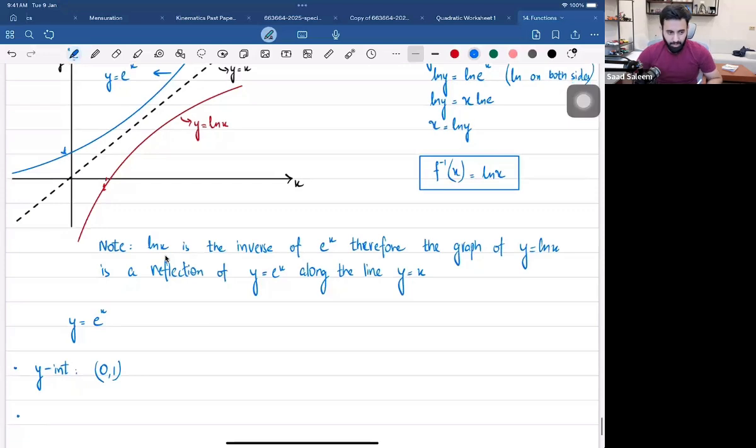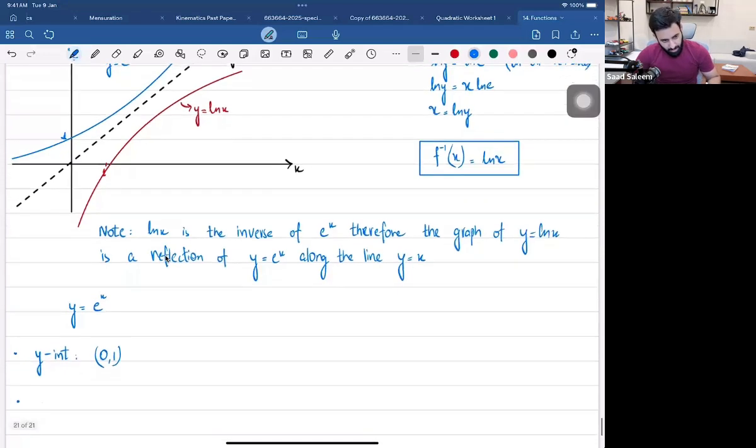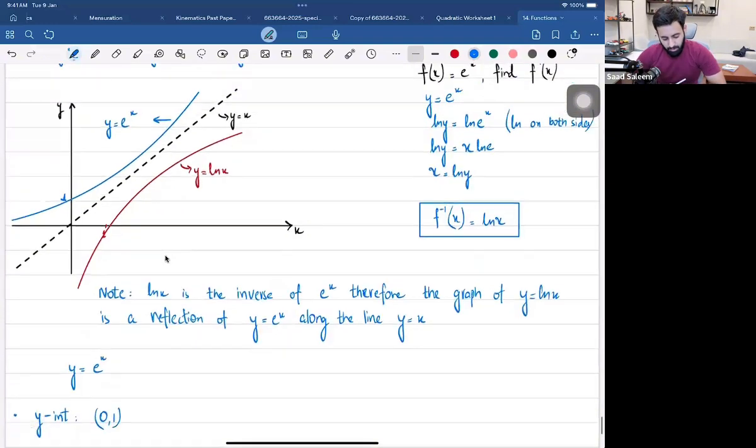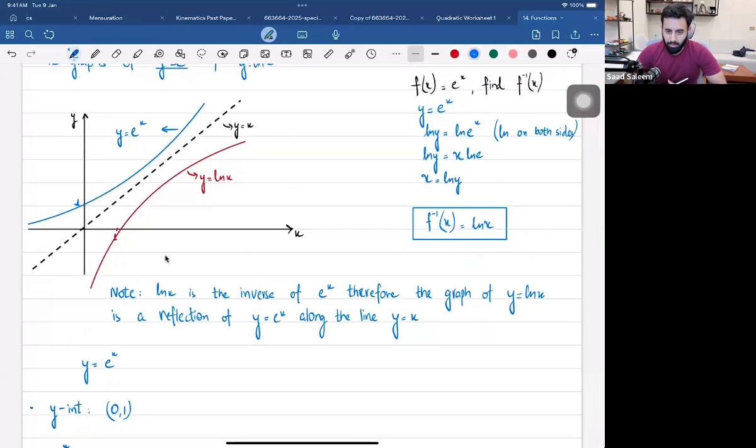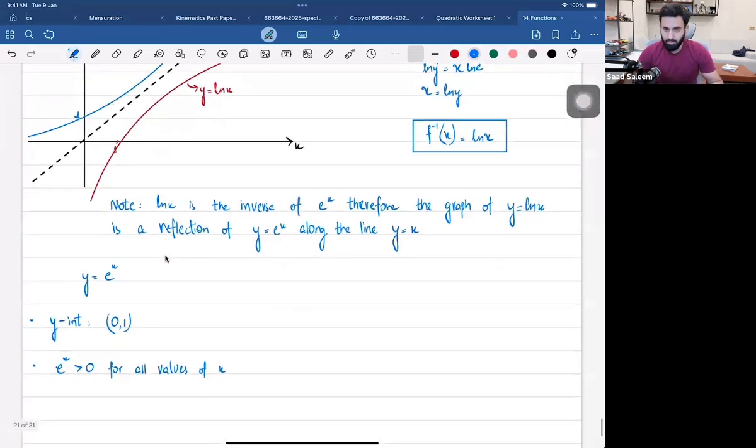Secondly, another important thing to observe is that e power x is greater than 0 for all values of x. This becomes its range, that y is greater than 0.